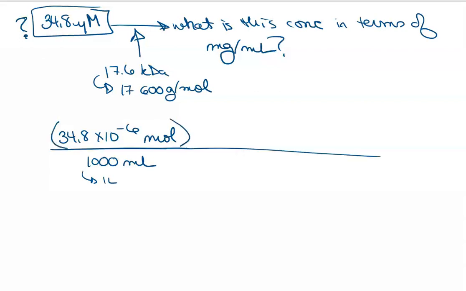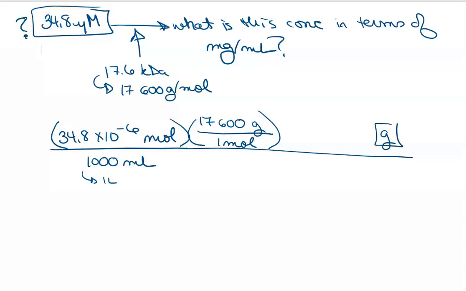If we want to convert moles to grams, we can say in 1 mole, there would be 17,600 grams of the myoglobin. So this is going to tell us grams in the top part of our equation.